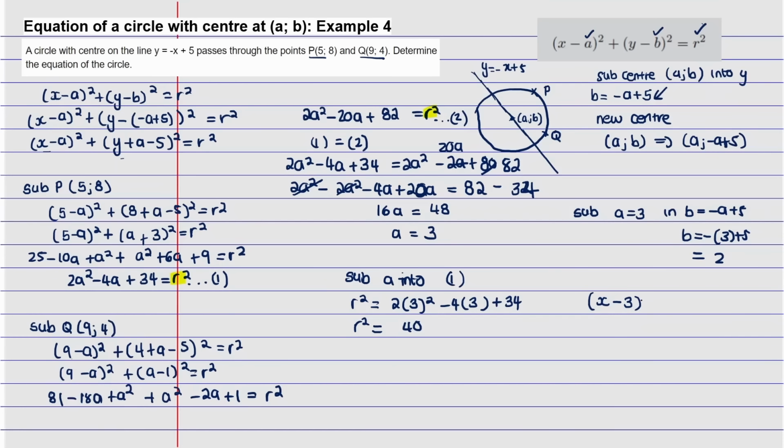Don't forget the fact that this a and b is basically the center point. So that's why we write the opposite sign. Then this is going to be plus y minus 2, all squared, is equal to 40. And that's how you will find the equation for this question.